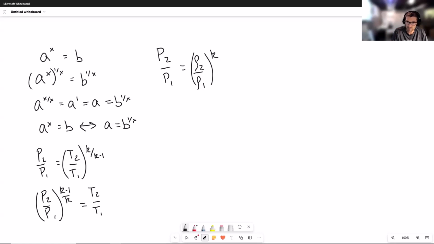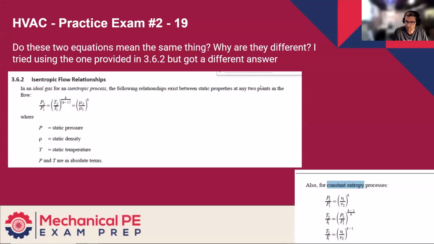So we would want to invert this ratio. So then this becomes specific volume 1 over specific volume 2. But it's still raised to the k, so there should be no change there. Yeah, specific volume 1 over 2 to the k.